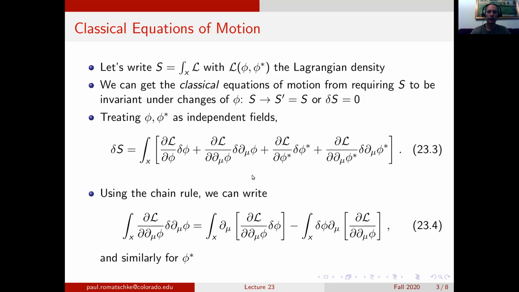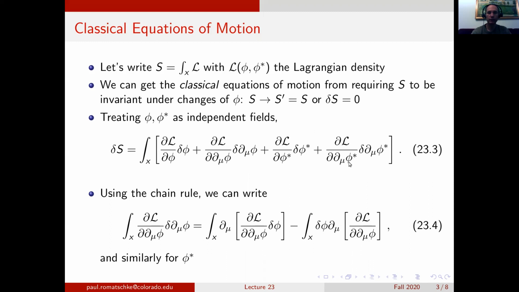Using the chain rule, we are able to rewrite these expressions here as the total derivative of some expression minus a term where the derivative is acting on the other part of the expression here, such that we free out delta phi in the terms that have the variation with respect to the d mu of the fields.